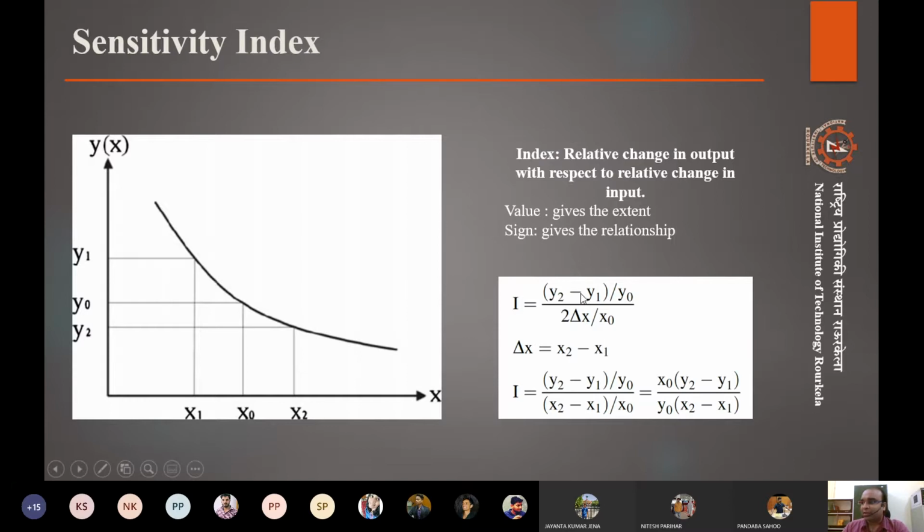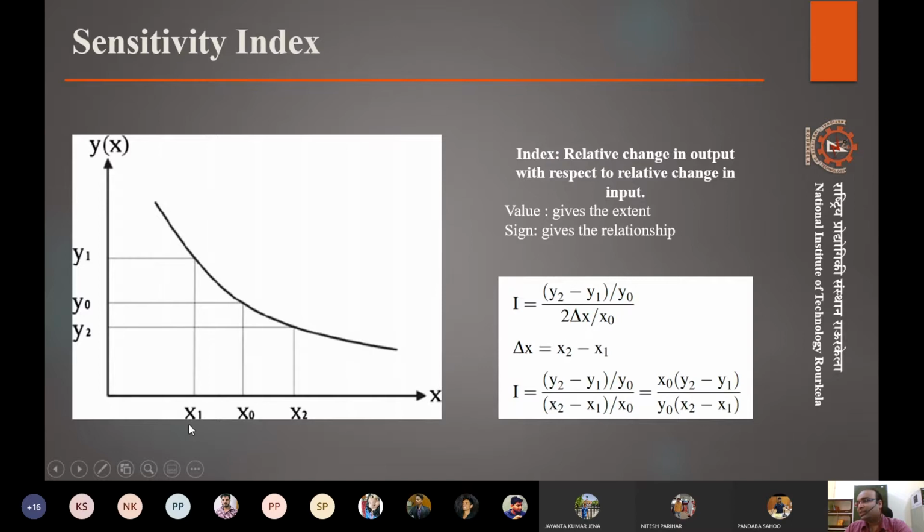At the central, mean position, the x value at the center gives you a y0 value. The sensitivity index can be found by y2 minus y1 over y0 divided by the change in x. There are two differences, so 2 delta x by x naught.